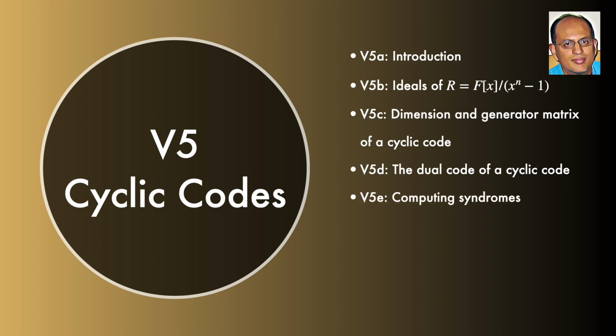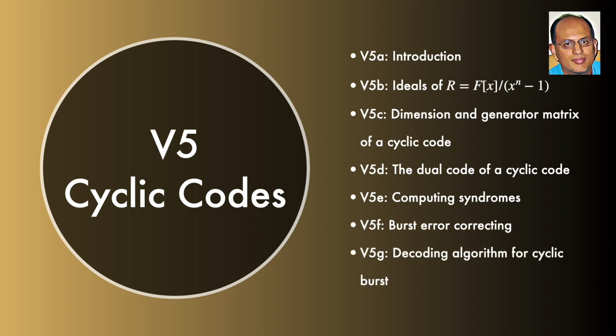In V5e, we'll find a nice PCM for a cyclic code and show that computing syndromes with respect to that PCM has a nice algebraic interpretation as polynomial division. We'll exploit this technique for computing syndromes in V5f and V5g, where we'll present a decoding algorithm for cyclic burst error correcting codes.